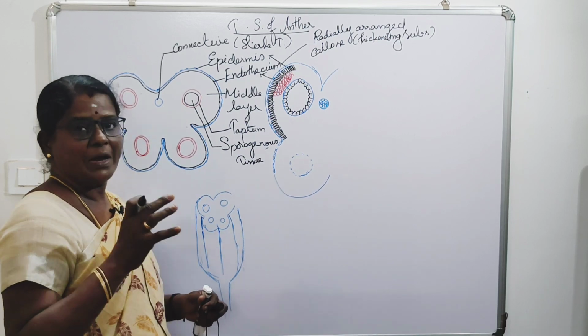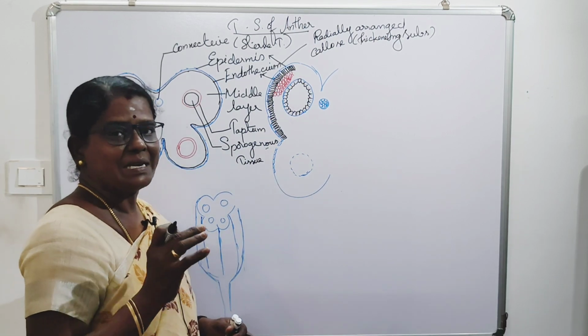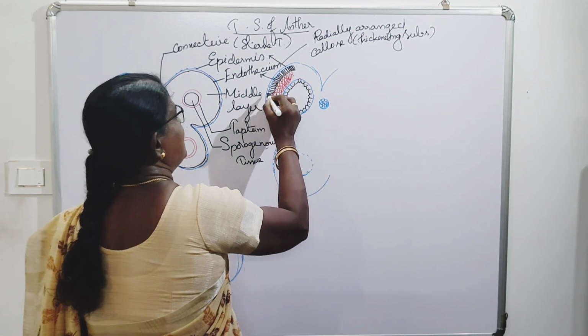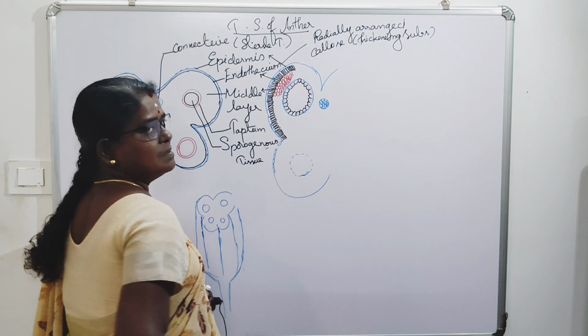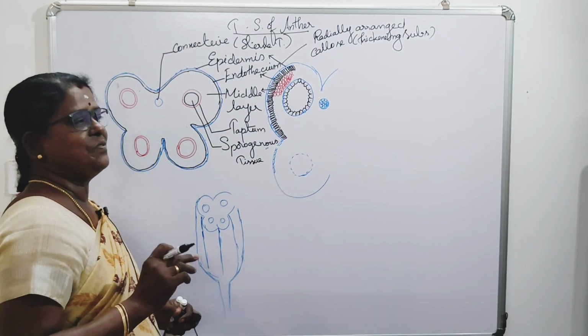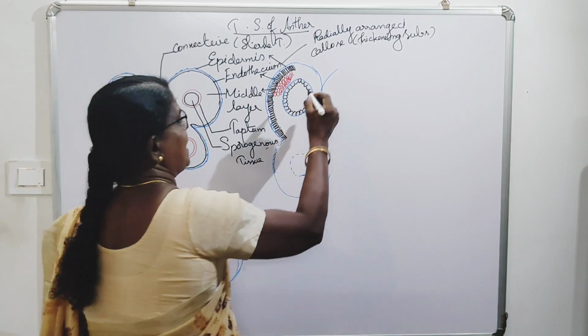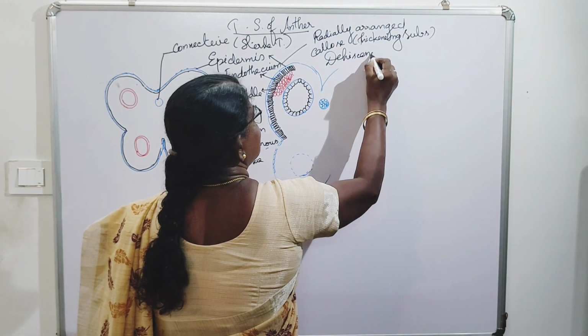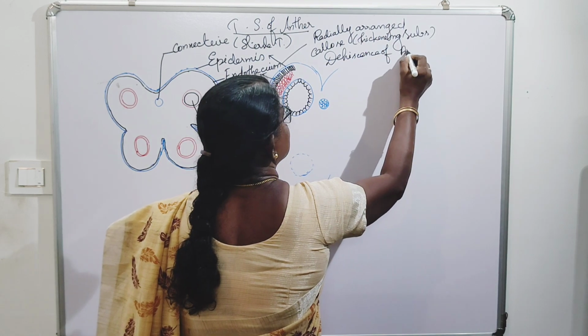These walls become fibrous, so it becomes rigid. Functions of endothecium, if you see, that is dehiscence of anther.